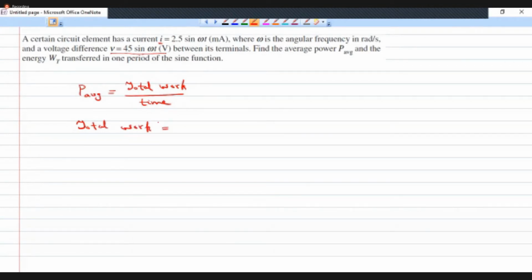We have to do some integral, right? We know only the instantaneous power. So what is the instantaneous power? Small p is nothing but small v into small i.